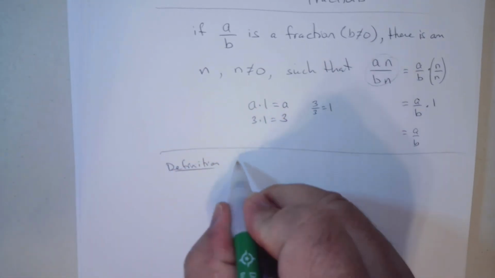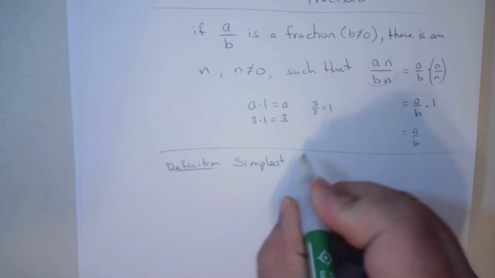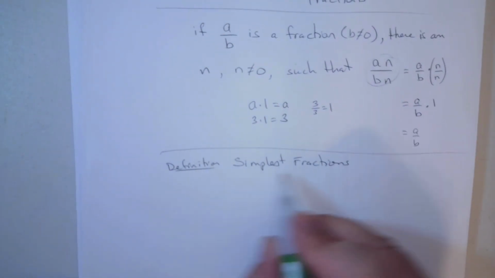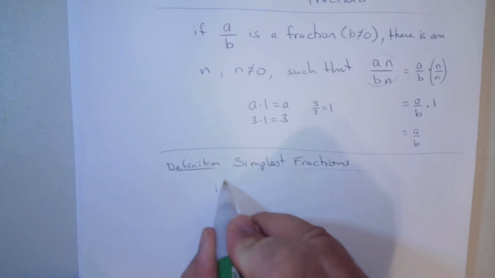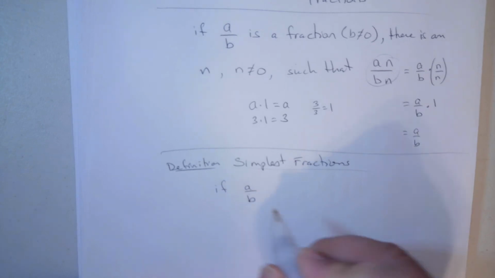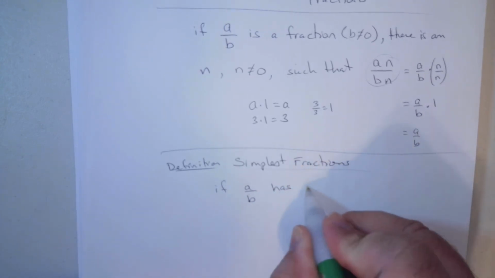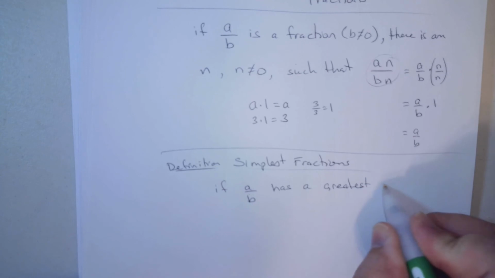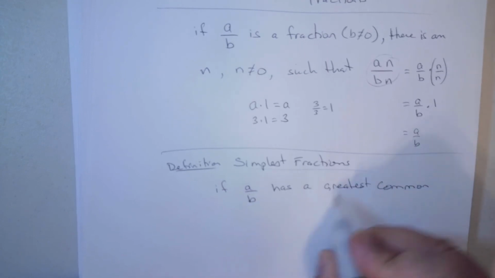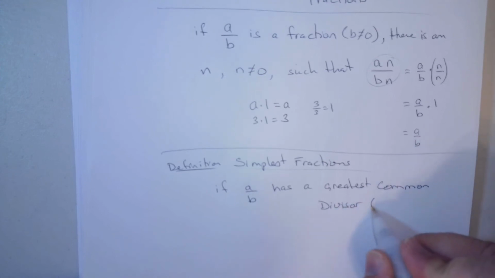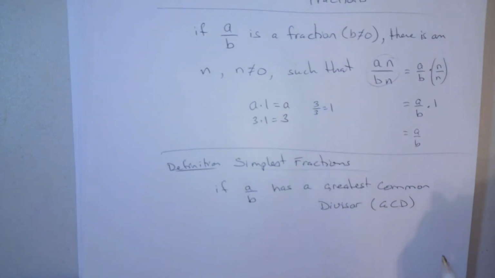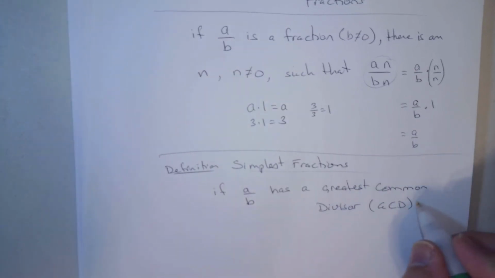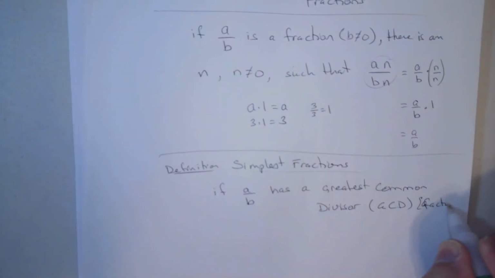Let's define simplest fractions. If a over b has a greatest common divisor, GCD, another name for this is factor.